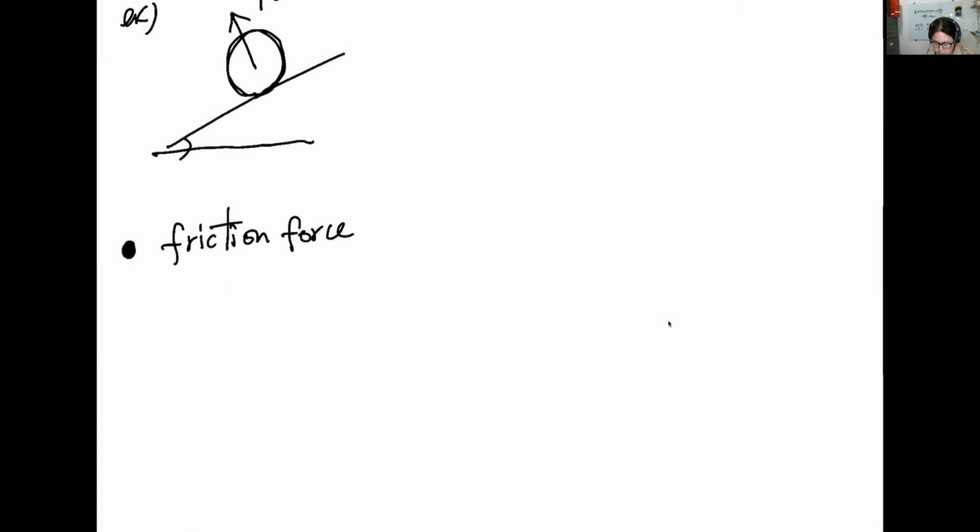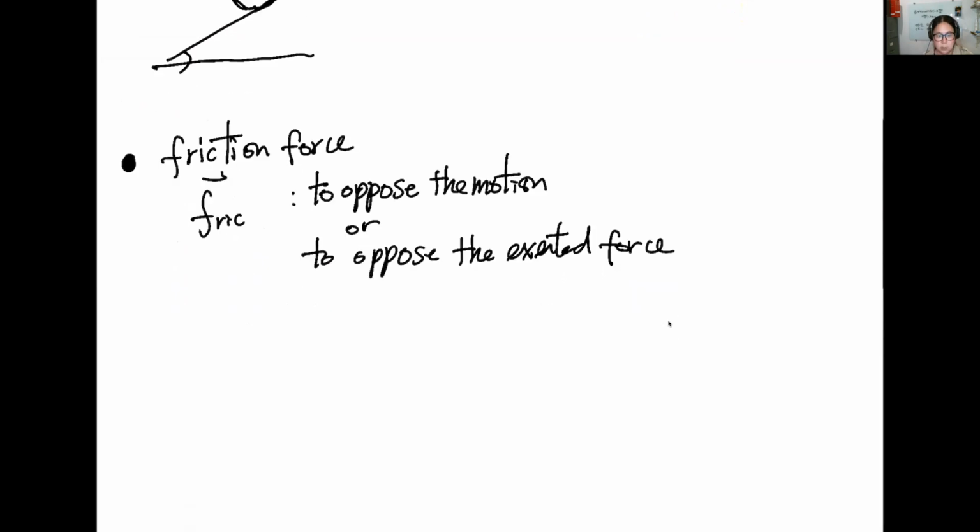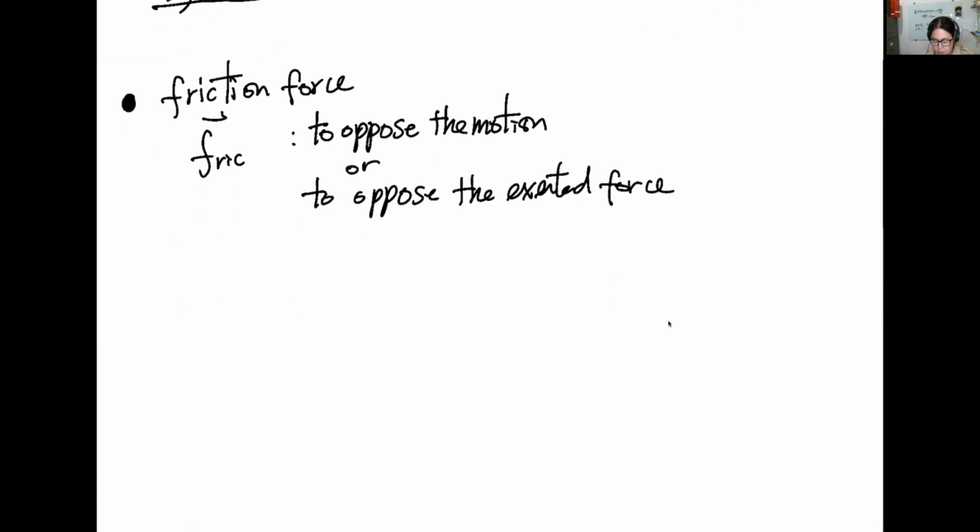Friction force, I write like this, is to oppose the motion or to oppose the exerted force. That's what the friction force is. And it happens parallel to the surface. It's parallel to the surface in this case.